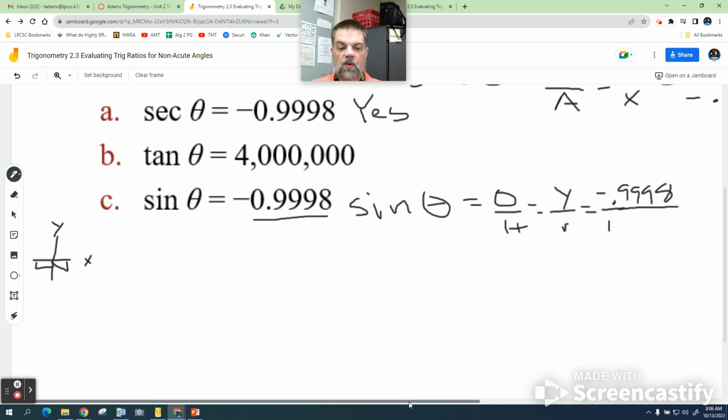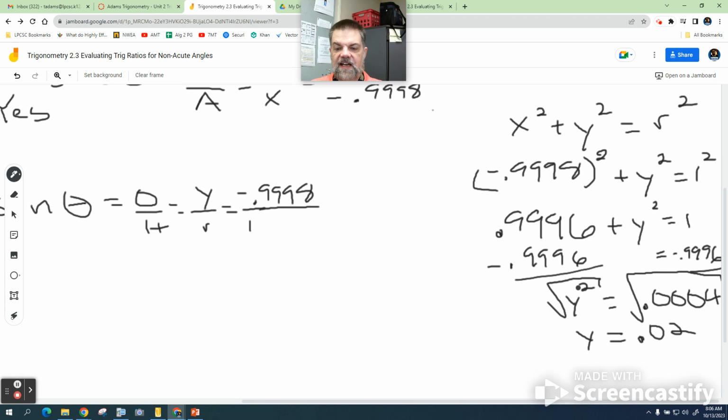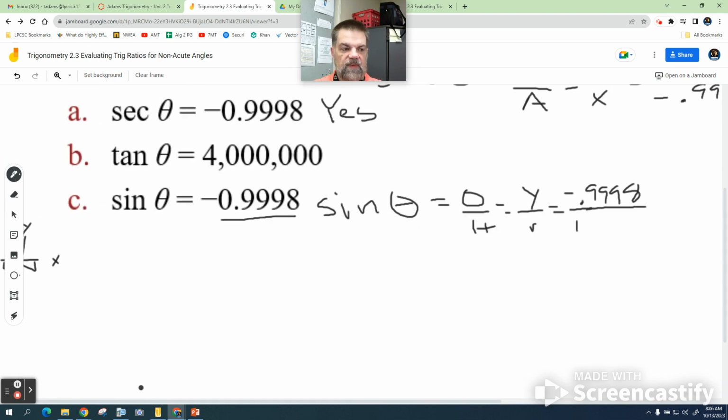Now, really, truth be told, my x value, when we crank through all the math, because the y value is going to be on this side, I'm going to get the same x value, right? So I'll just write it out and show you. This is same scenario, x squared plus y squared equals r squared. We can exist on the unit circle where the radius is 1, and then we know that y squared ends up becoming 0.9996, right?